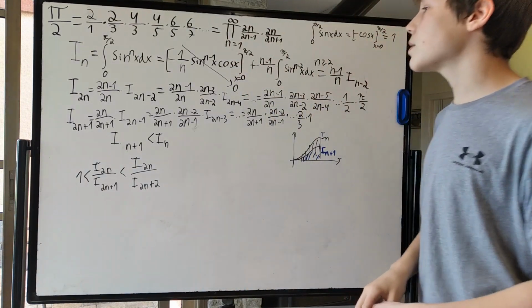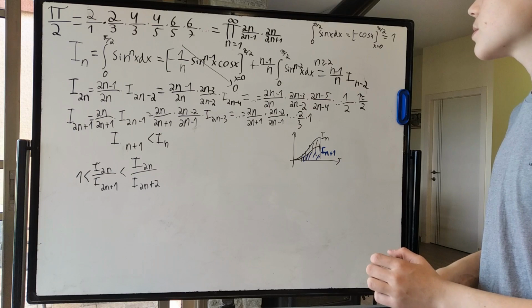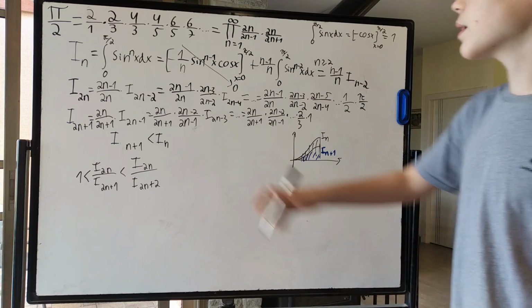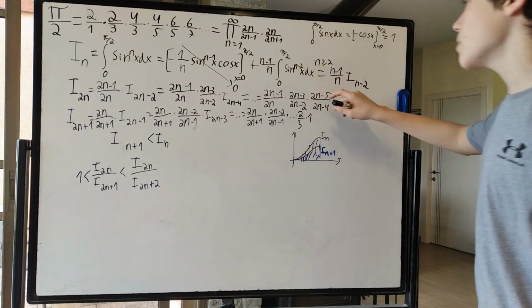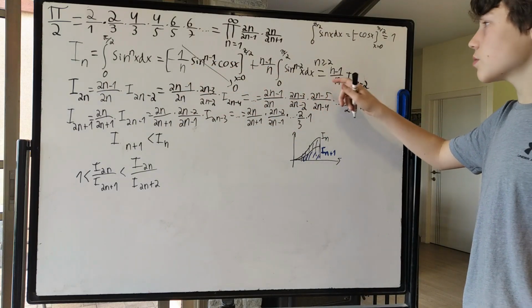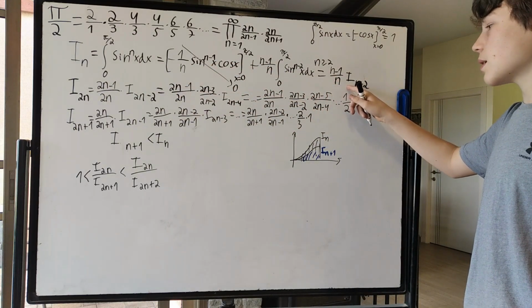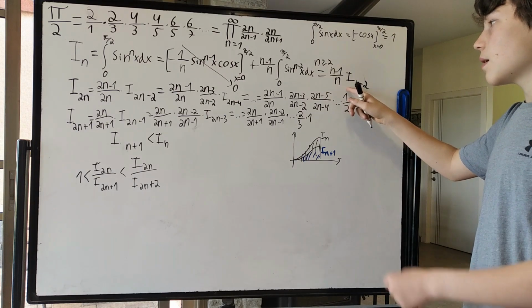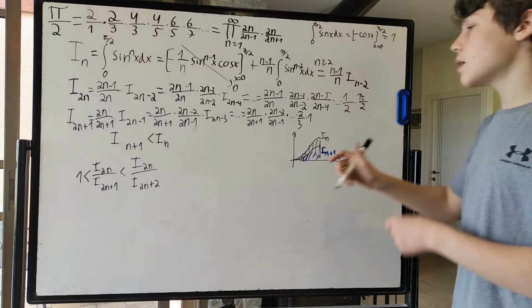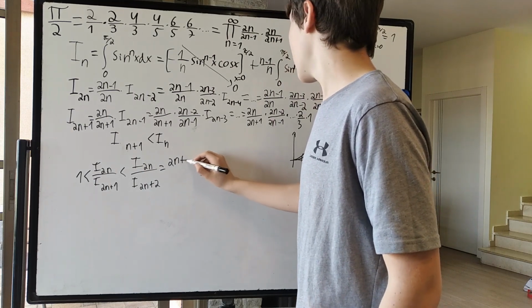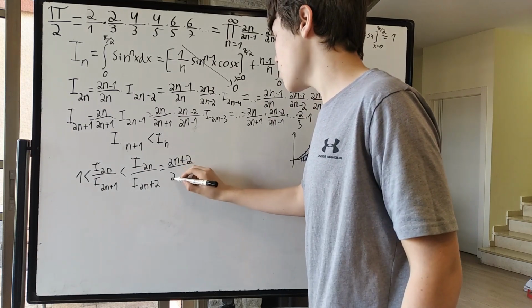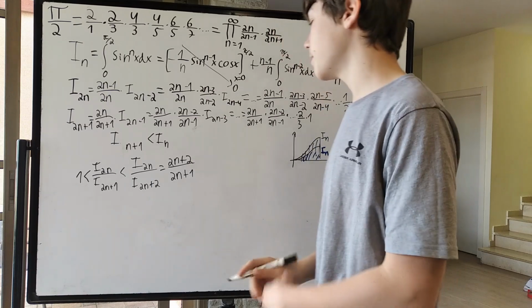But we know what I_n over I_(n+2) is. If we plug in n plus 2 here, we get I_(n+2) is equal to (n+1) over (n+2) times I_n, and so we'll end up that this is (2n+2) over (2n+1).